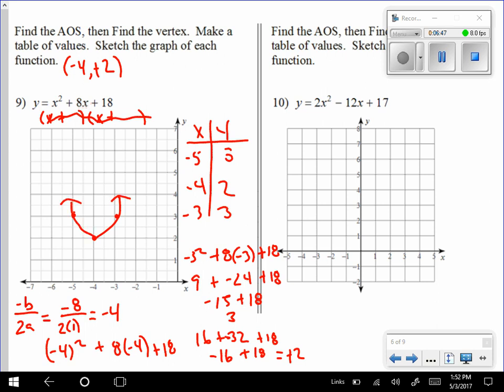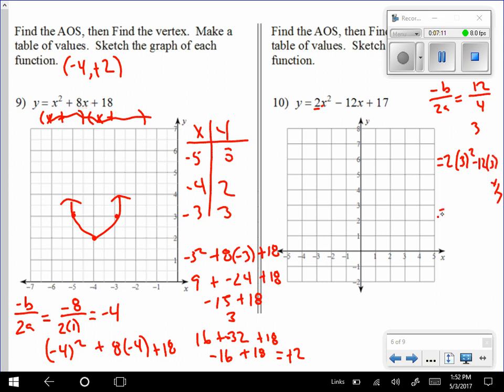Okay. Same thing here. We probably don't want to factor this because of our 2. So let's work with negative b over 2a, which would give us 12 over 2 times 2, which would be 3. Plug that in. 2 times 3 squared minus 12 times 3 plus 17.